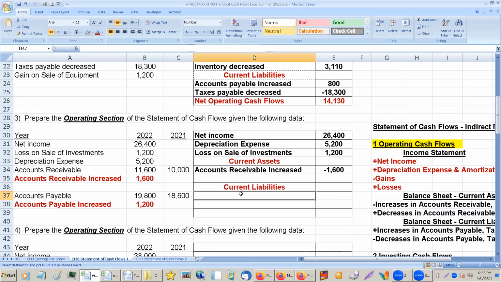Okay, so now, accounts payable increasing, that means it's kind of like borrowing more money. You didn't pay for $1,200 of it. So your cash is actually going up.